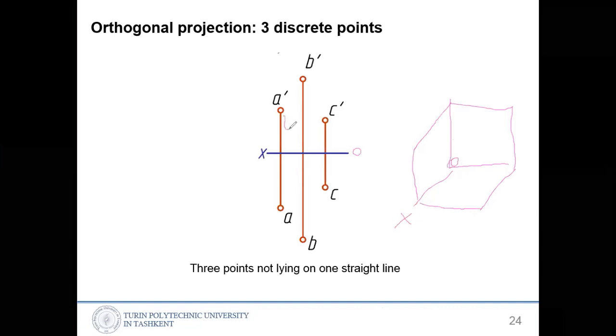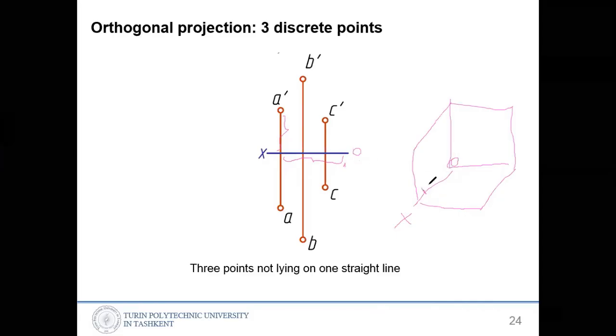So this distance is from the O. You have to measure the distance from the O, the first one, and put that distance here. Find the point, and then make a parallel line to the OY line, and then put that second distance here, and make a parallel line to the OZ, and then define a point A. Okay, so point A is given like this.